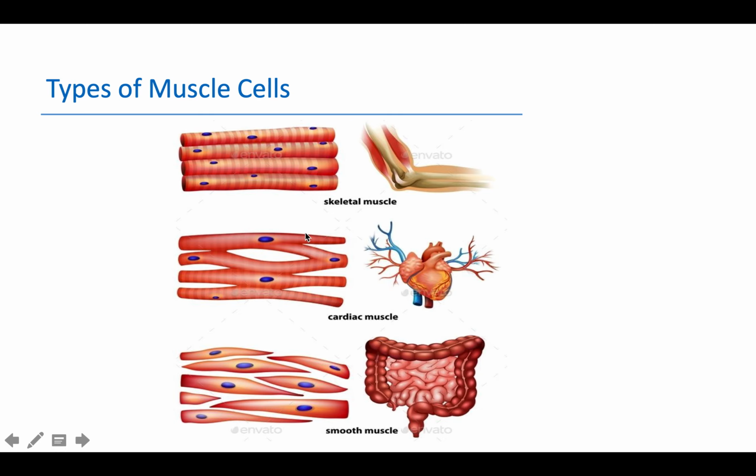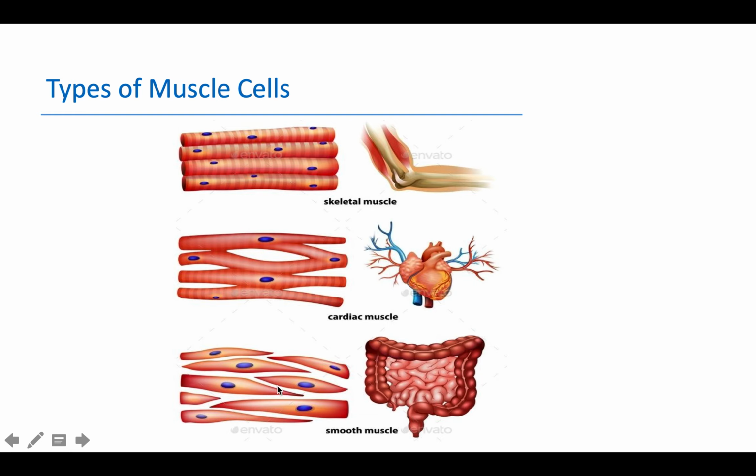Unbranched. Next, cardiac muscles. Cardiac muscles are also cylindrical with blunt ends, but they are uninucleate. Branched, and they have faded or very fine striations on the surface. Its structure is somewhat like the skeletal muscles but it functions like the smooth muscles, involuntary in function.